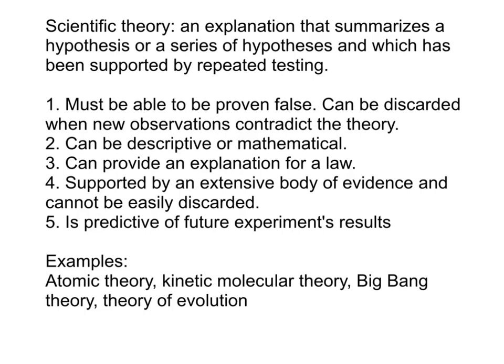All right, so they can be descriptive theories of things, or very often there can also be mathematical theories that describe relationships. They can provide an explanation for a law. It kind of seems weird that a theory can help describe a law, but sometimes laws, while mathematically correct and always right, don't tell us the nuts and bolts of what's happening, like gravity.